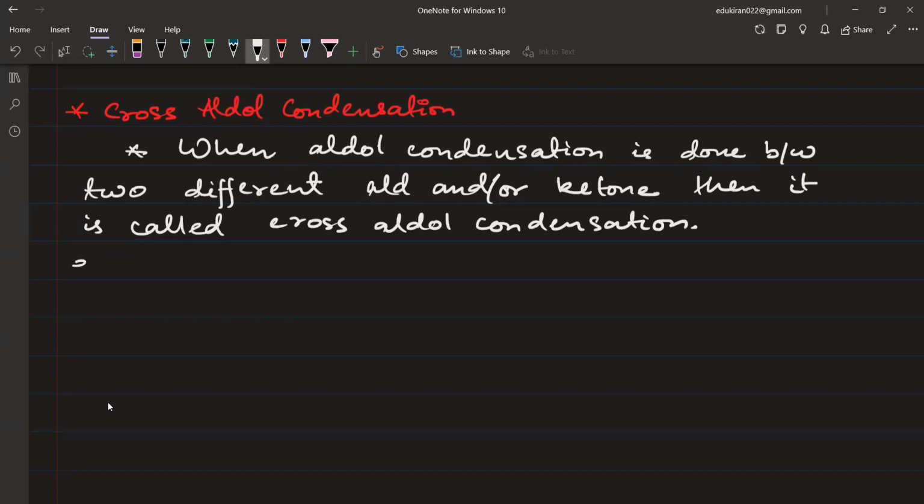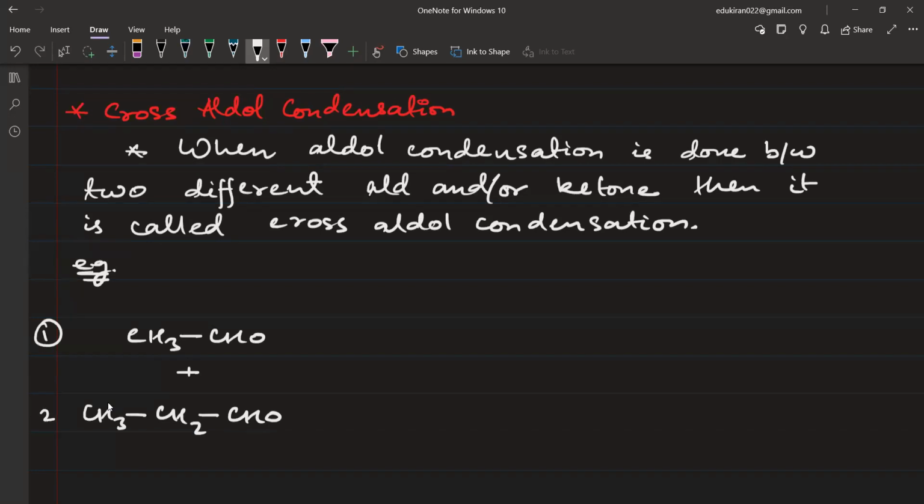Okay, so for example, I'm going to take CH3CHO plus CH3CH2CHO. Now we have two molecules here. Let's say this is one and this is two.